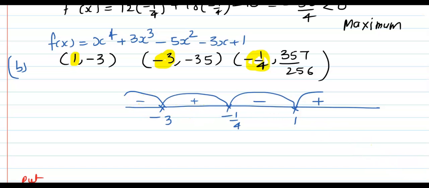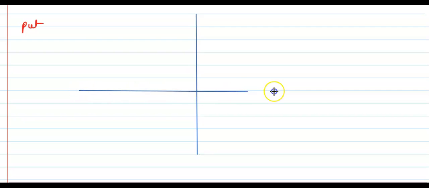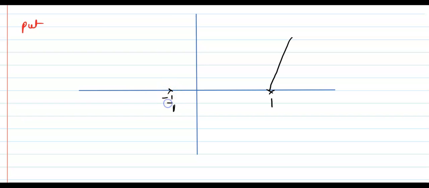If you put the values in between, the graph will look like this. It is starting from the positive section. This was our point 1, this is our minus 1/4 point, and this is the minus 3 point here.